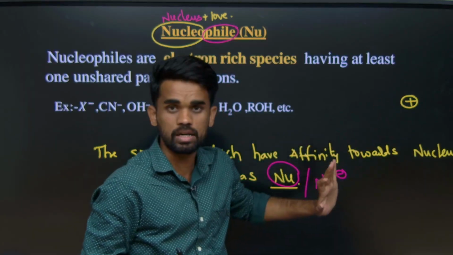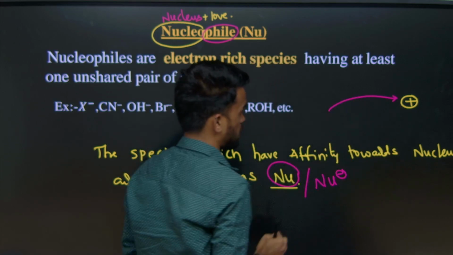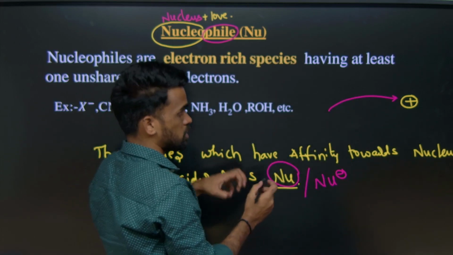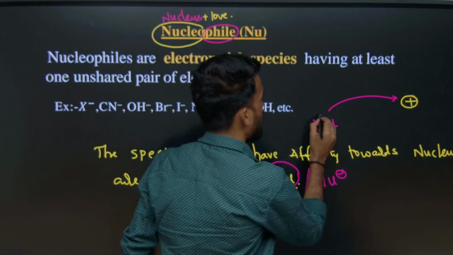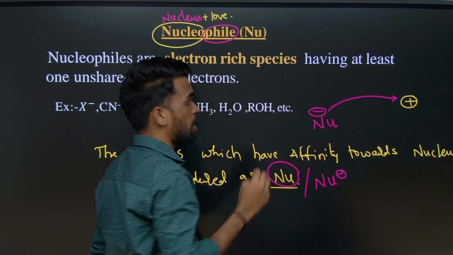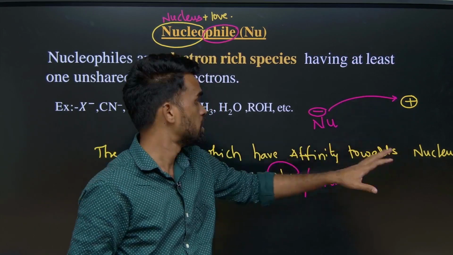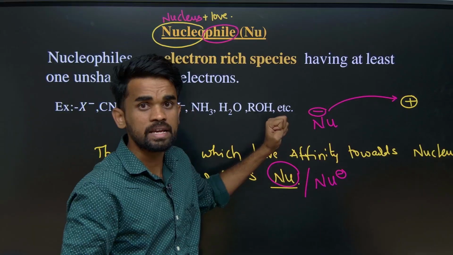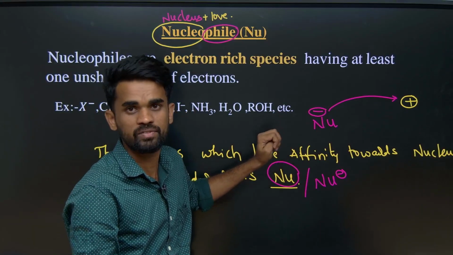Now the species with affinity towards the nucleus, whatever nucleophile we are talking about, must contain high electron density or some negative charge on it. Therefore opposite charges attract, right? So nucleophiles are electron rich species, having high electron density.